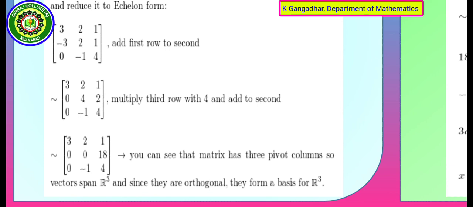The diagonal values are 3, minus 1, 18, so we have 3 pivot columns: the first, second, and third columns are all pivot columns. There are 3 vectors, which means these vectors are linearly independent and form a basis for R3.